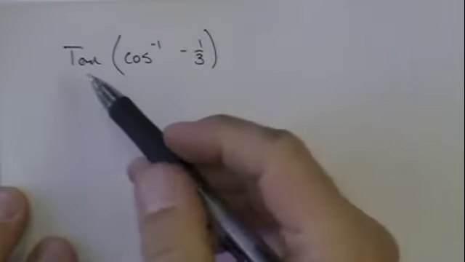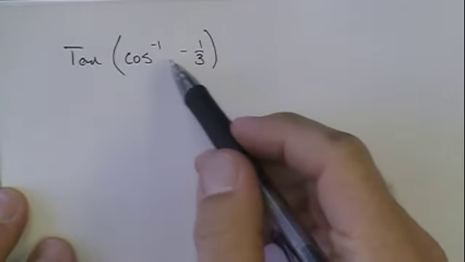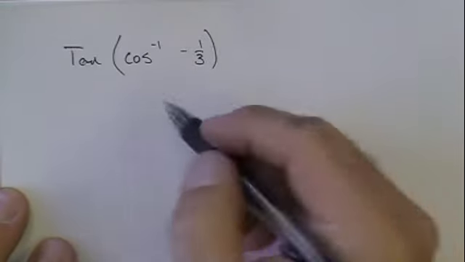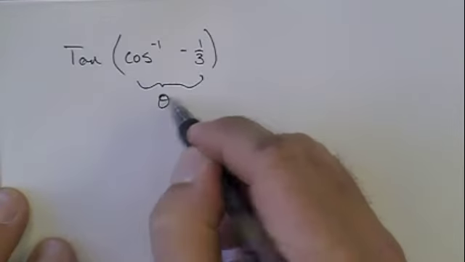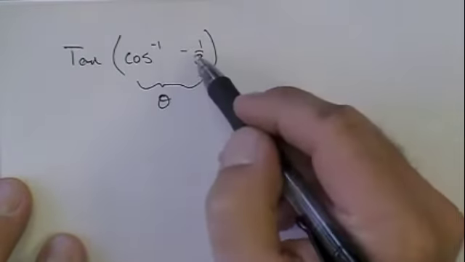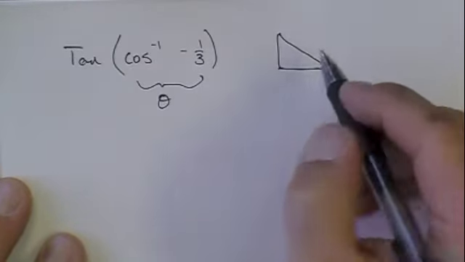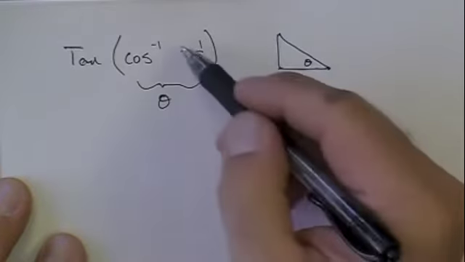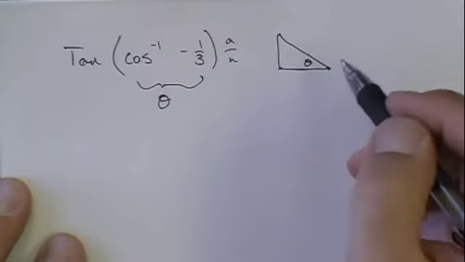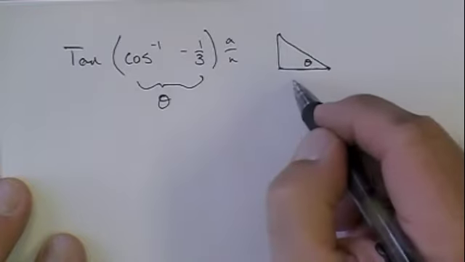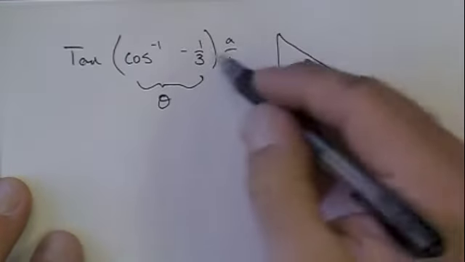Here's another example. Here we have the tangent of the inverse cosine of negative 1/3. Again, this value is our angle. So we're going to set up our triangle. It's -1/3, so for cosine, that's going to be in quadrant 2. So here is theta. Cosine is adjacent over hypotenuse. We know that our adjacent is going to be our negative value because we're in quadrant 2.